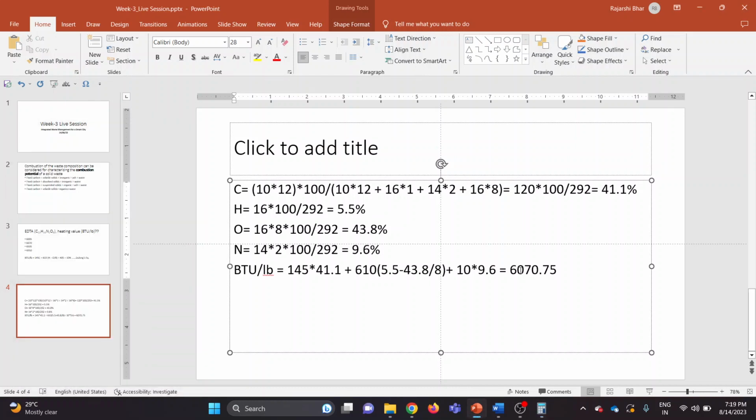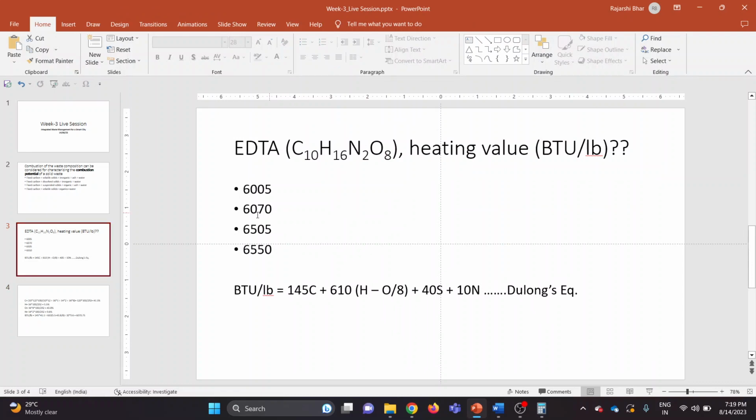So the closest one that we have in our options is 6070. That is why it is the correct answer.